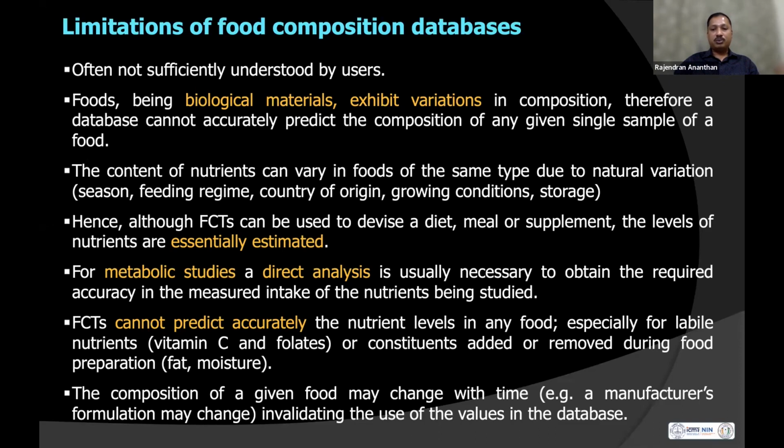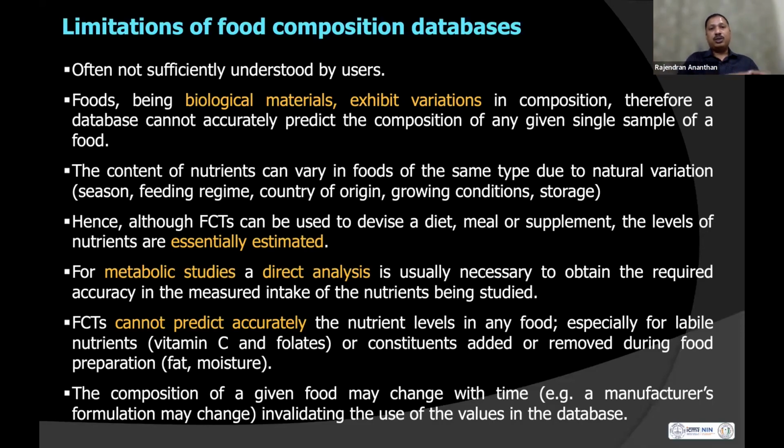And the food composition tables cannot accurately predict the nutrient level in the foods. For example, specifically labile nutrients like vitamin C and folic acid. That's the reason, as soon as the material reached NIN, we started the analysis of vitamin C and folic acid. These are the foods which we collected from different sample collection centers.